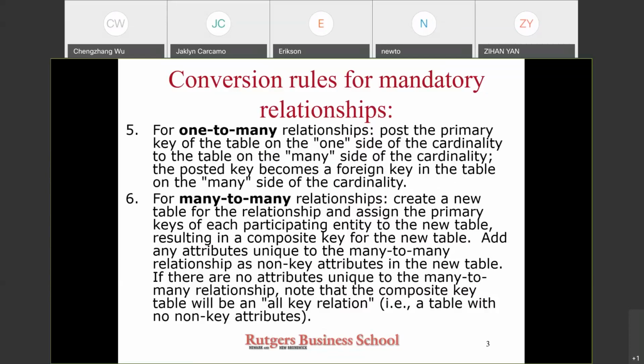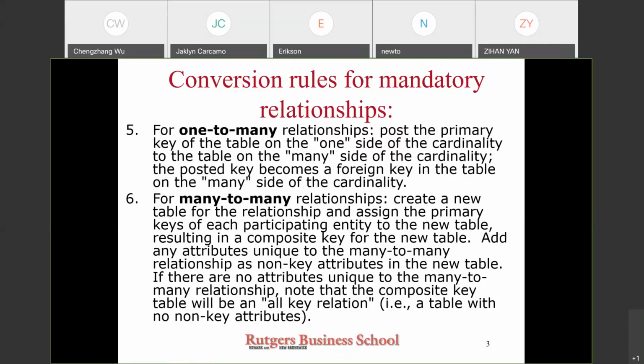Well, this is one-to-one relationships. And we said for any relationships other than one-to-one, we create a separate table. So let's take a look at one-to-many relationships. The rule is to post the primary key of the table on the one side of the cardinality to the table on the many sides of the cardinality.